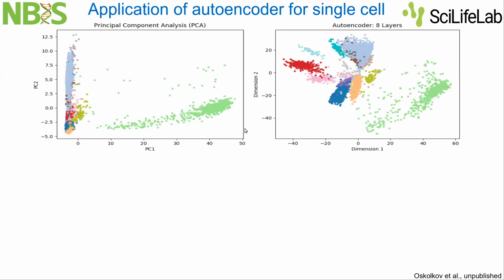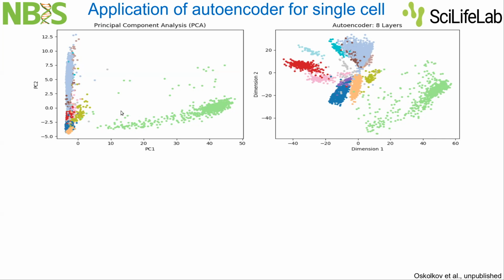And I would say autoencoders still have some limited applications for single cell in terms of dimensionality reduction. They do have other advantages, but as a visualization tool, it looks a little bit better than PCA.